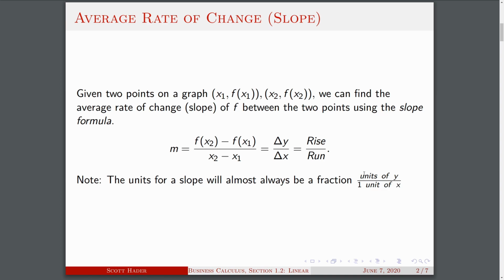Basically always. The way you get it is you take the units of whatever the y value is measured in, and you divide by 1 unit of whatever the x is measured in. Remember that. We'll be using it a lot. Whenever you find a slope or a rate of change, you'll always have a fraction as the units for the number.